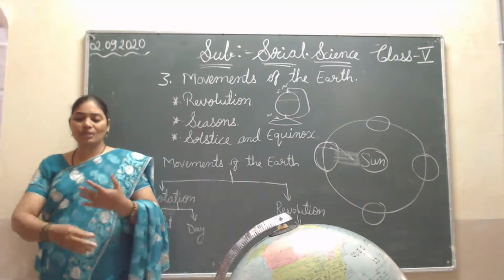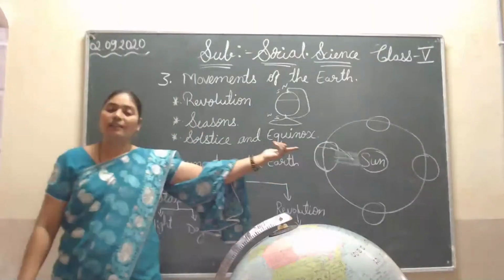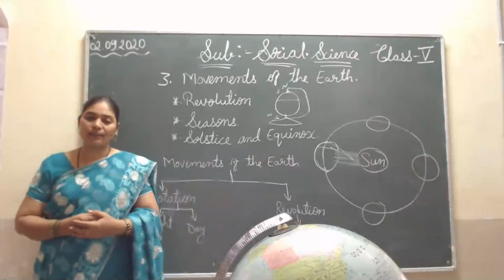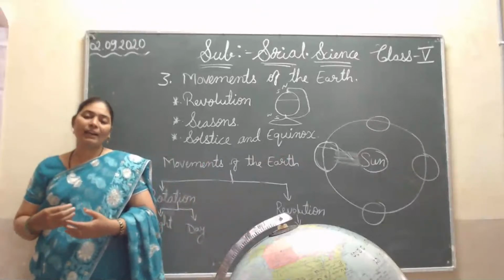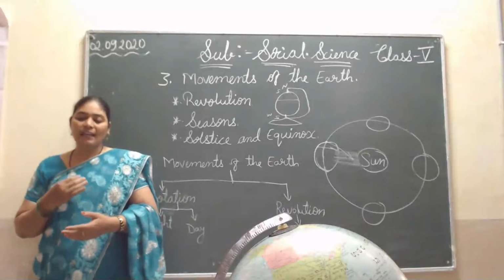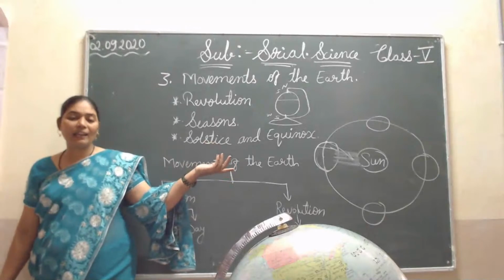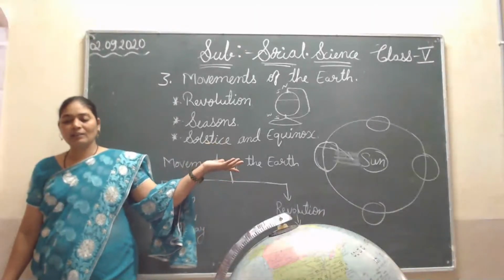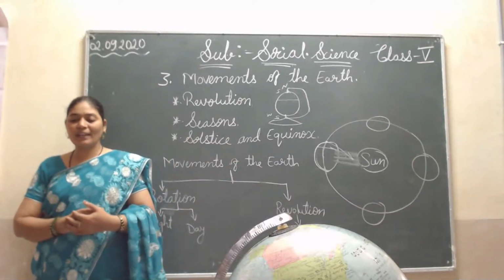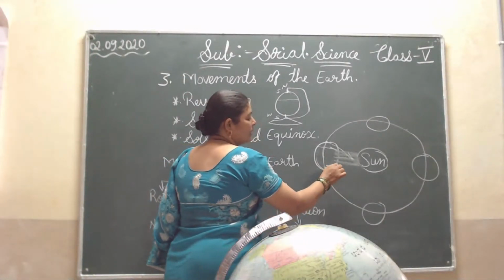Then next is the southern hemisphere down. When it moves this way, the same thing also happens in the other hemisphere. Then on 22nd December every year, the Tropic of Capricorn receives the direct rays of the sun, as the southern hemisphere does. Here the sun rays fall vertically on the southern hemisphere, so here it is summer.